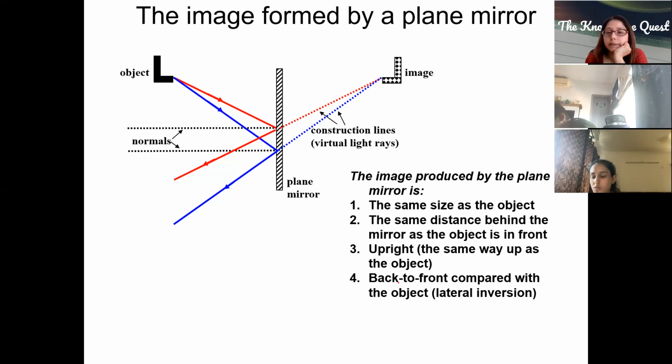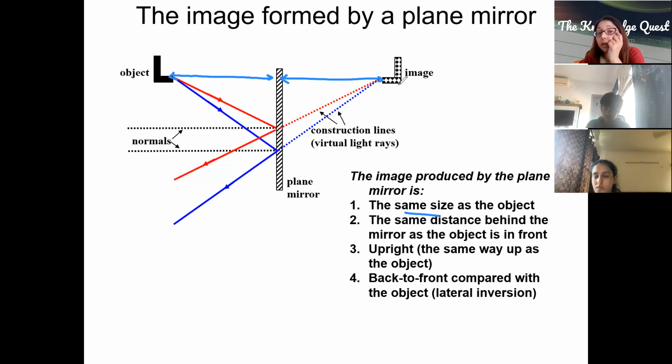The properties are: do you see the object is of the same size as the image, same size as the object. The distance of the object and the image from the mirror is the same.